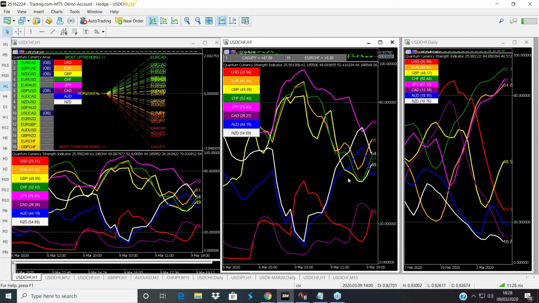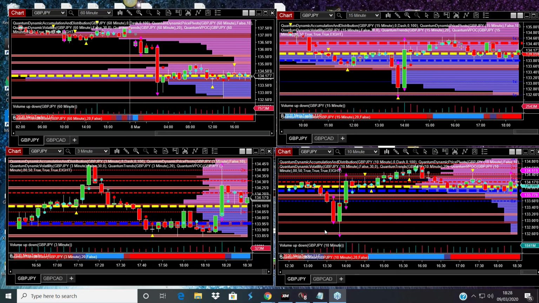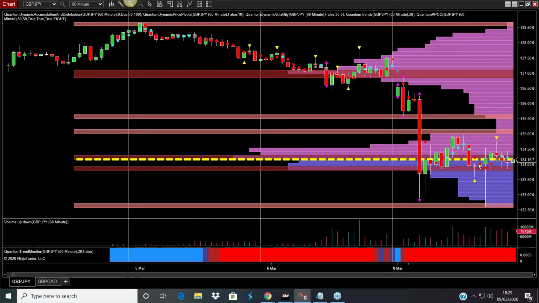They are sort of bunched in the middle here. This is the hourly chart, so it probably tells us there's not a lot of price action going on at the moment in Forex, which is not surprising given what the markets have been through today. This is the pound yen, and we can see this big fall that we had earlier on.